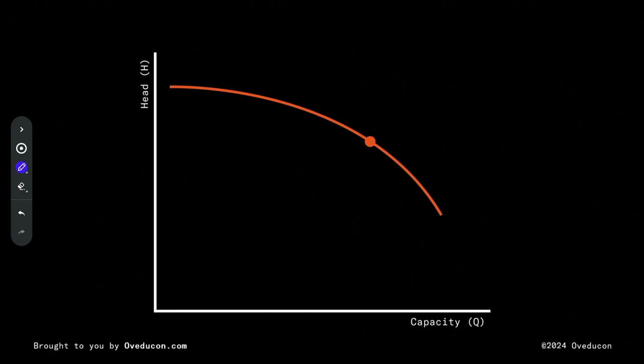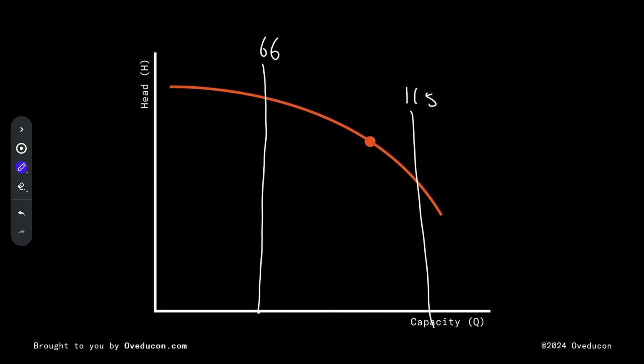The allowable operating range is something like this. It starts at 66% and it ends at 115% of BEP. So you can use this part of the pump curve.